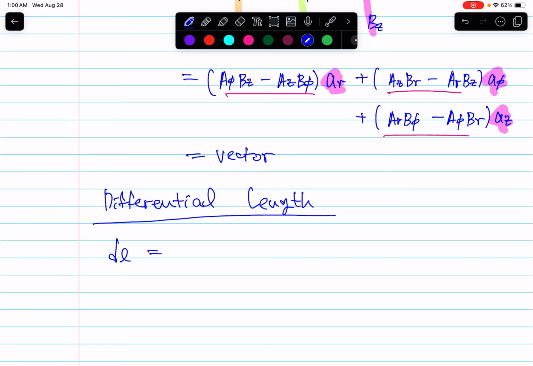First of all, it's going to be the small increment, small length of dr in the radius direction multiplied by the unit vector in that direction.